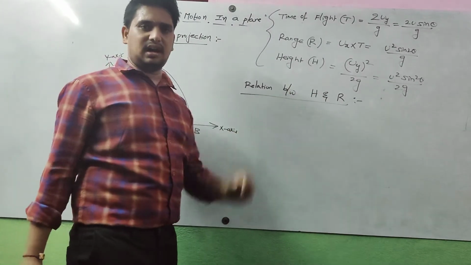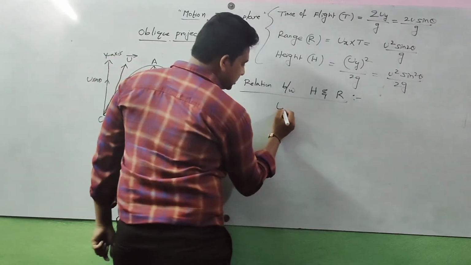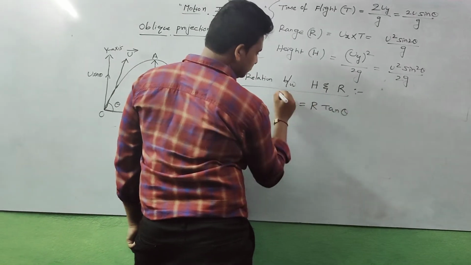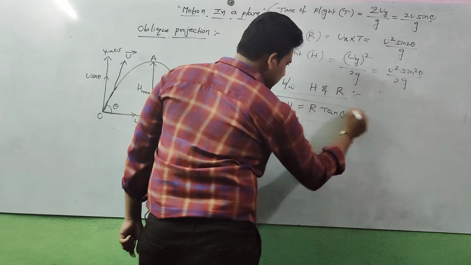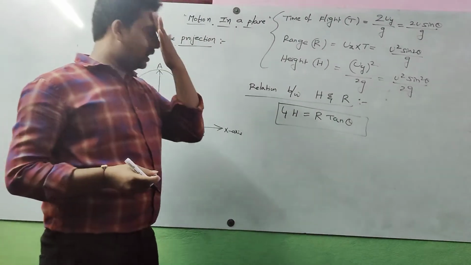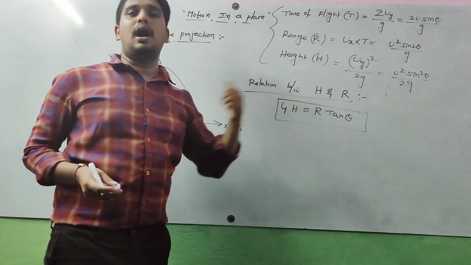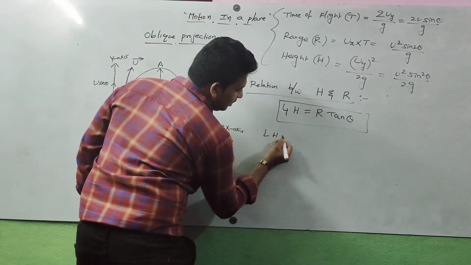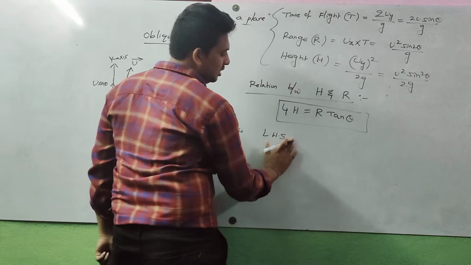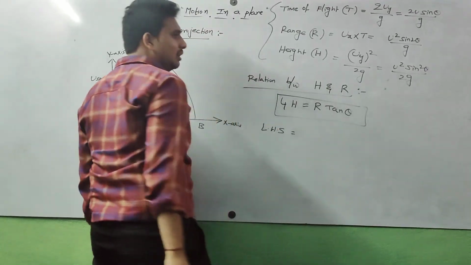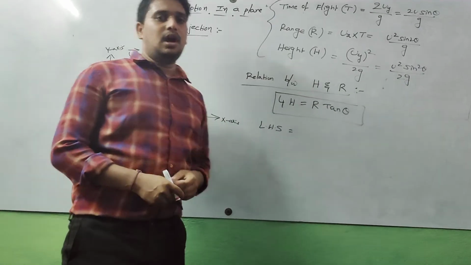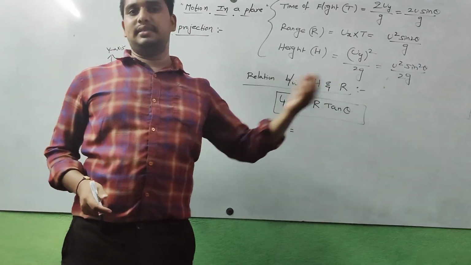The relation between H and R is 4H is equal to R tan theta. This is very important. So how can we prove this? It is a very important question for the board exam also, and for solving problems. What is the relation between height H and range R? 4H is equal to R tan theta.